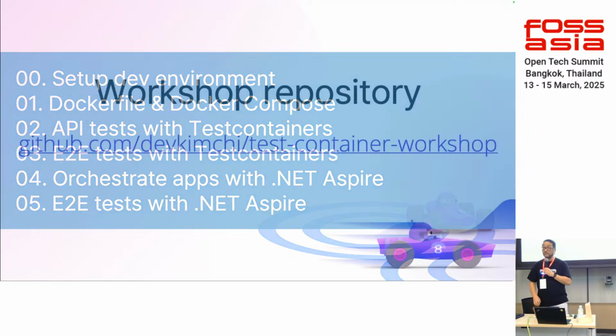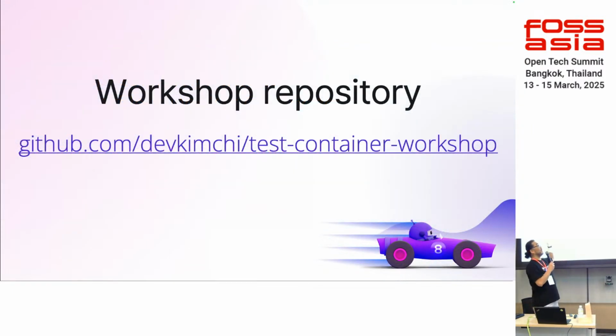So this is the workshop repository. You can take a picture and type this GitHub repository to get the workshop material. The good thing is that when you visit this repository, it will display Korean.